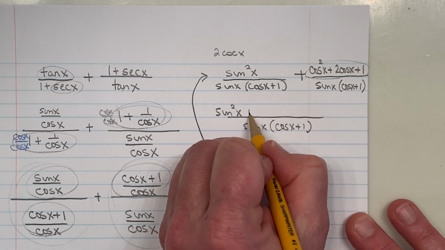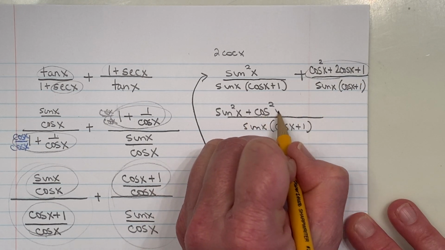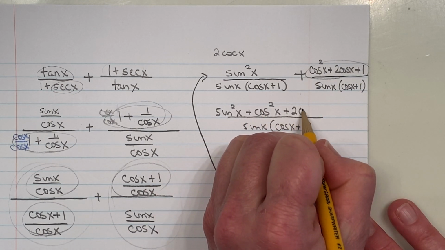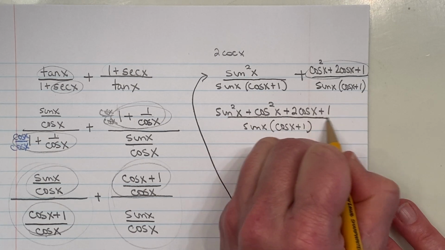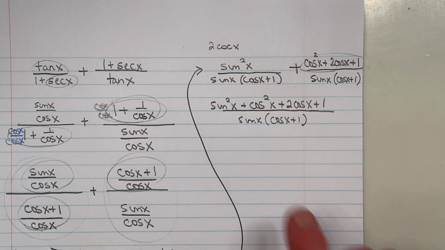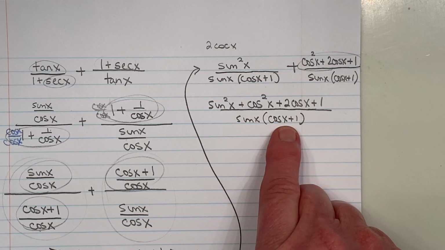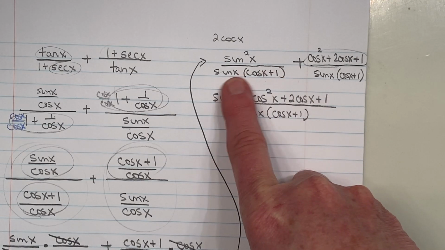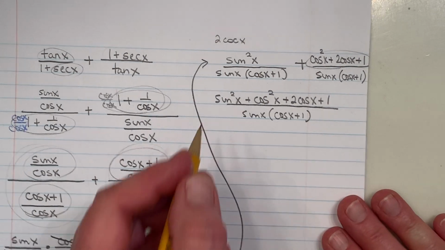I'm going to add all this. I'm not going to multiply sine x in just yet. I'm going to see if I can clean this up and maybe divide something out.